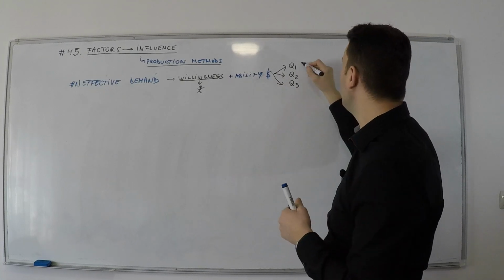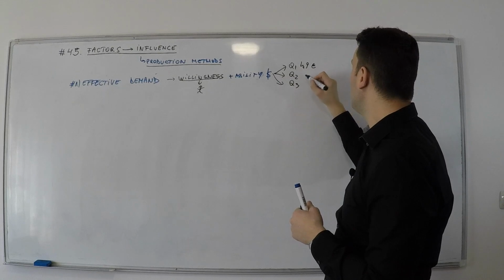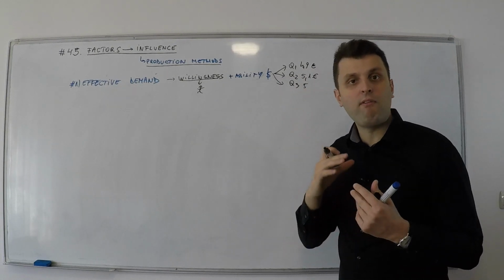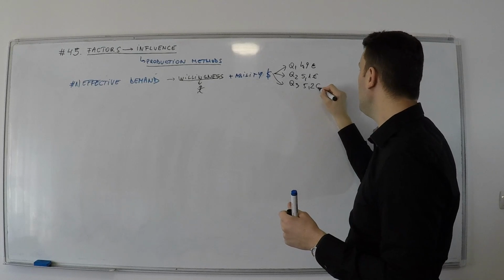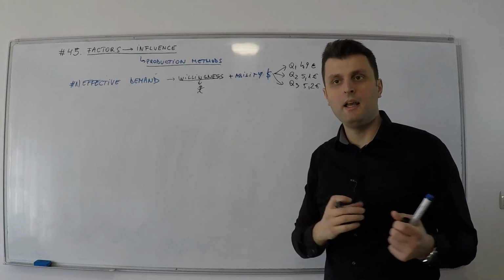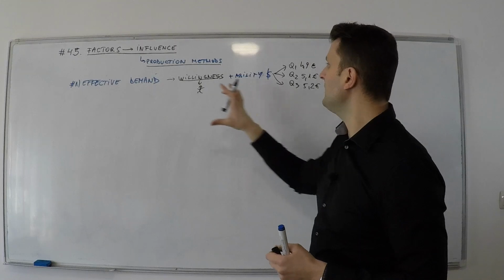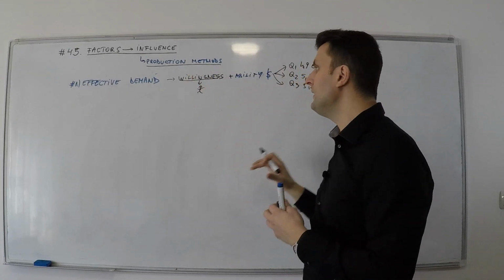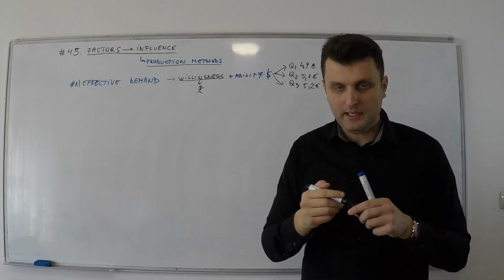In quarter one, it could be 4.9 euros. In quarter two, 5.1 euros. In quarter three, 5.2 euros. So your product is getting more and more expensive, little by little, but still those clients that have the willingness to buy it also have the ability to buy that product, okay?